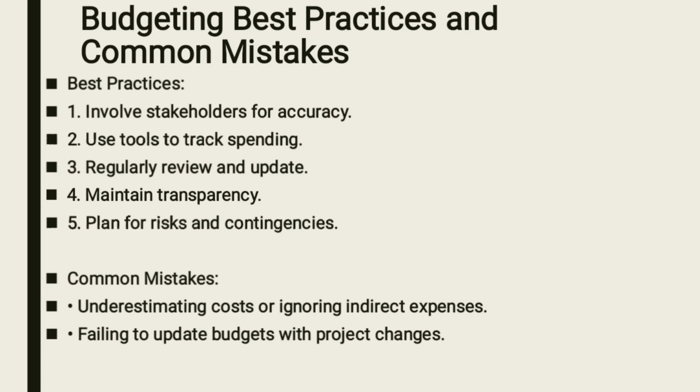Failing to update the budget with project changes. You understand that the project has changed, but you are failing to update your budget. Let's say there is a devaluation of your currency in your country. If there is devaluation of currency, likely there will be a need for you to change your budget, but you find that you are failing to update it.